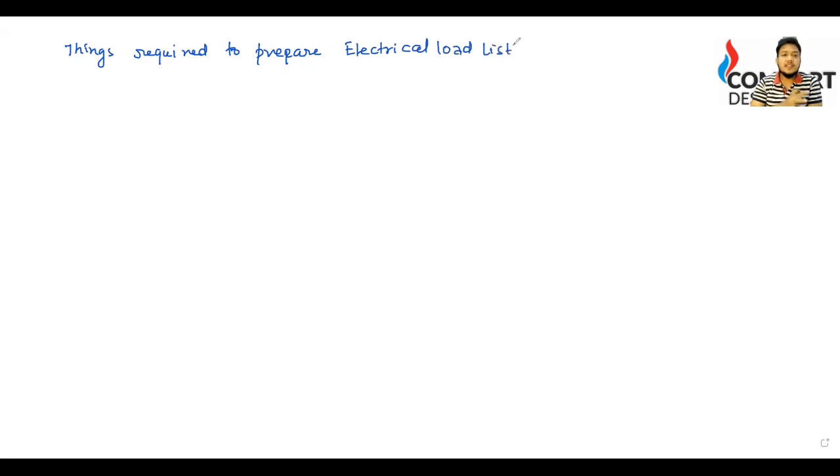So what are the things that are very much necessary to prepare the electrical load list?